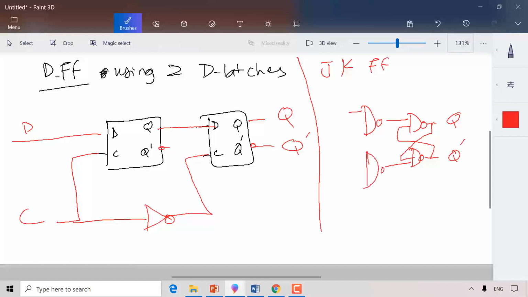One input is Q prime, another is J, and the third input is the clock. And here is Q, and here is K. This is how I implement a JK flip-flop. I know these are not in your notes, but I'm adding them for completeness of the topic.